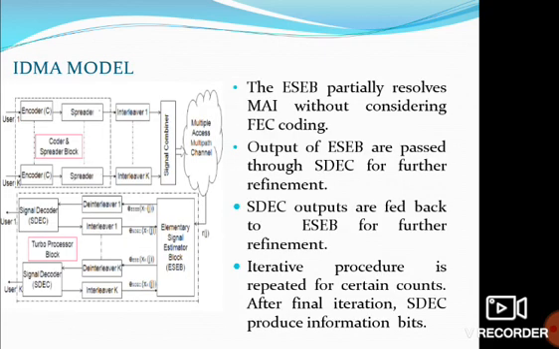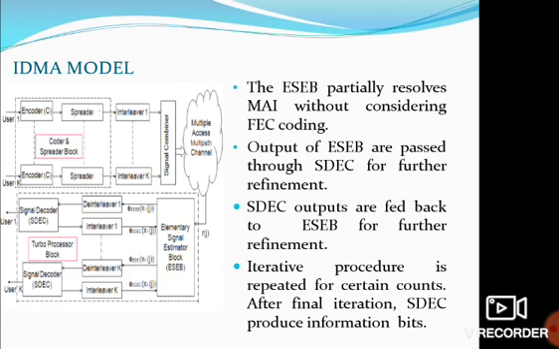Now at the receiver side, we have the ESEB, the elementary signal estimator block. It receives our signal and partially resolves MAI, the multiple access interference, without considering FEC coding. Then the output of the ESEB is passed through the SDEC, the signal decoder.